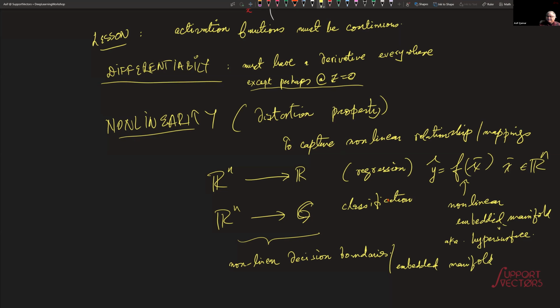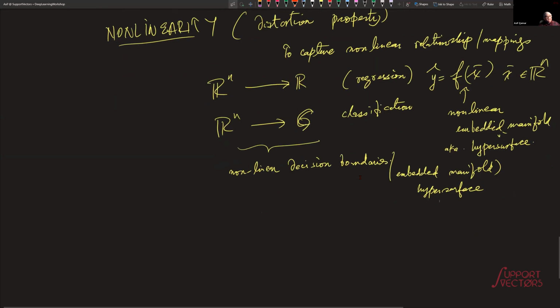You cannot do that otherwise. It's a hypersurface with curvature, with bends, and so on and so forth. So nonlinearity is an important criterion that you want to have. There is another criterion that you want, which I'll mention. It is good to have, it's important, but if you don't have it, you can get away with it.